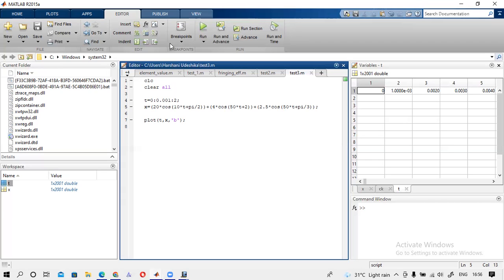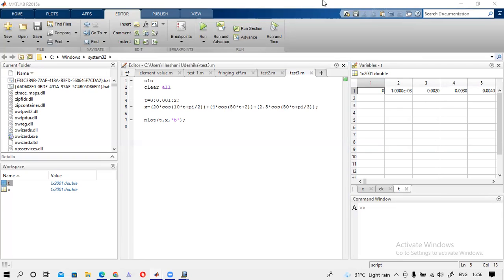How many frequency components do you think? No, not six.